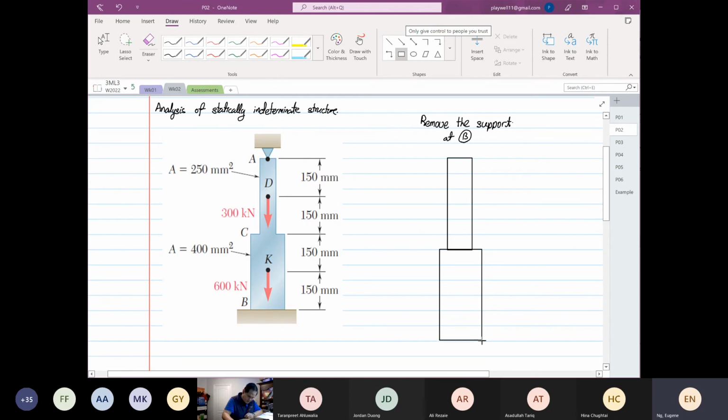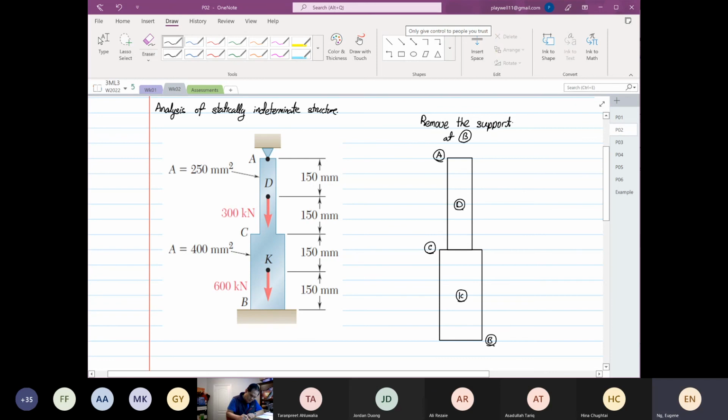I deliberately want to exaggerate this. So this is our point A. Somewhere down here is our point D, our point C, our point K, and our point B is over here. I'll put B over the other side.